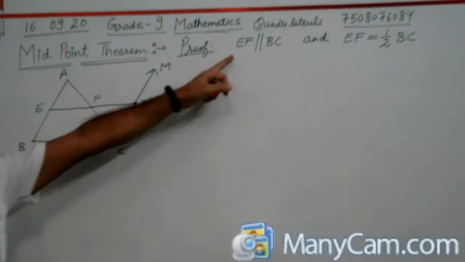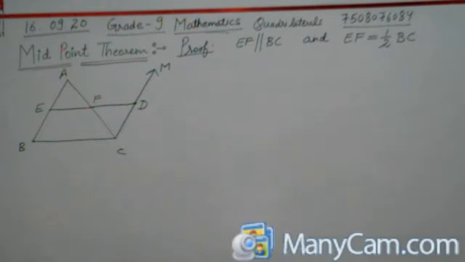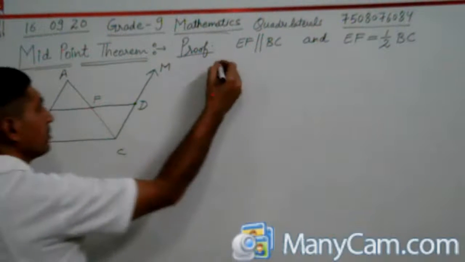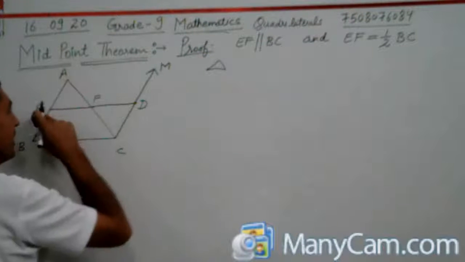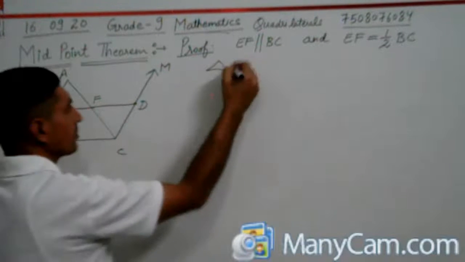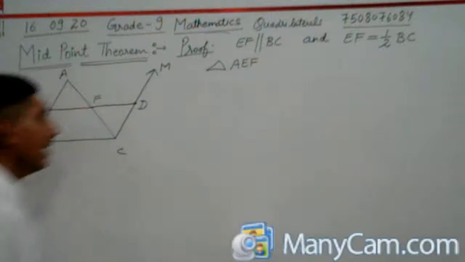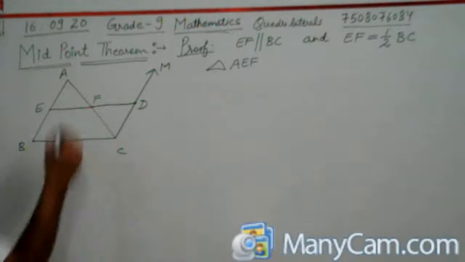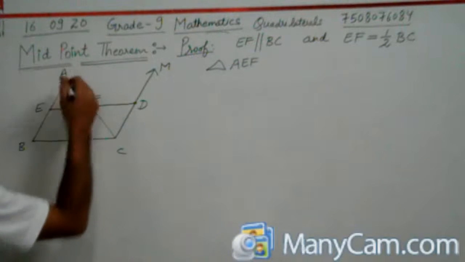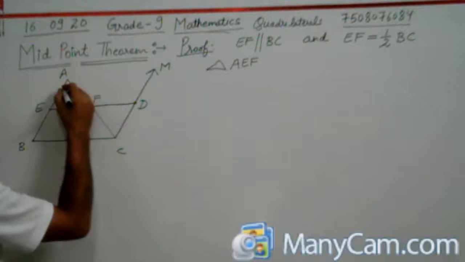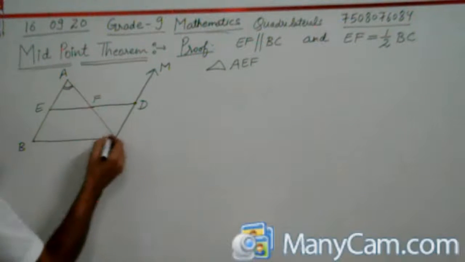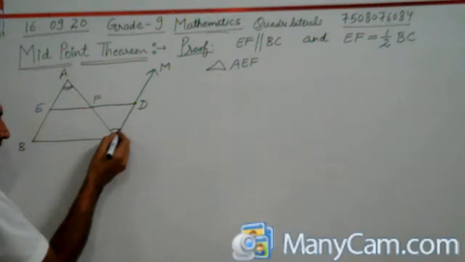We want to prove EF is parallel to BC, and so here we will take these two triangles. One is triangle AEF, and another is triangle CDF. Here these angles are alternate angles.